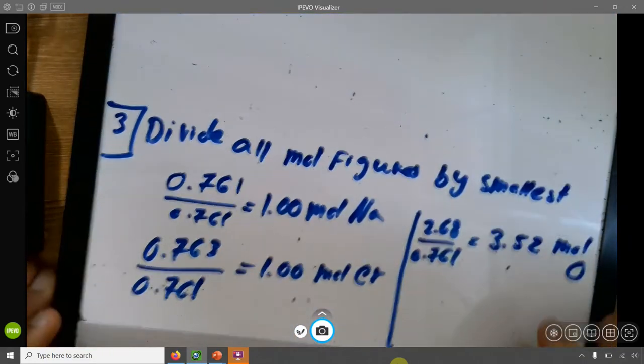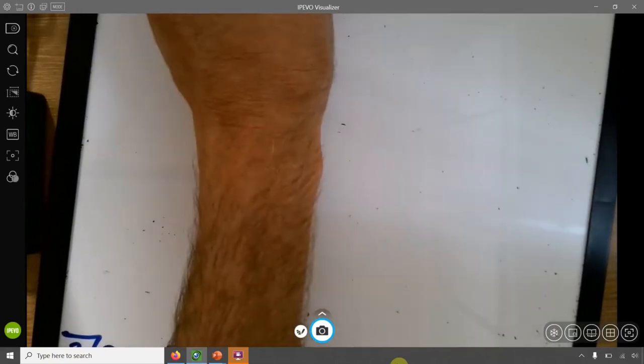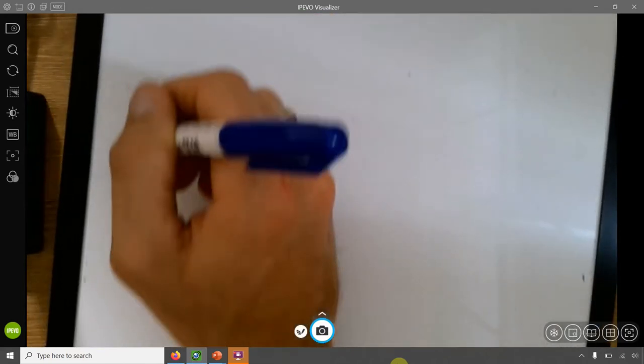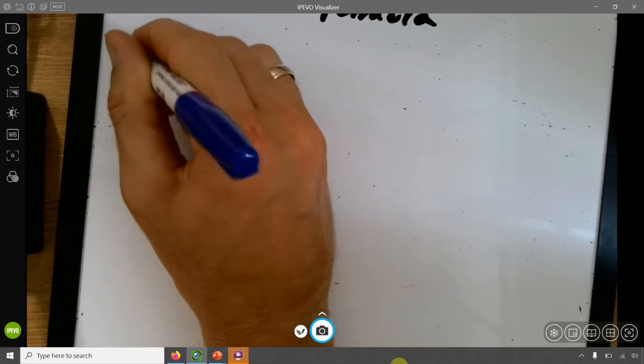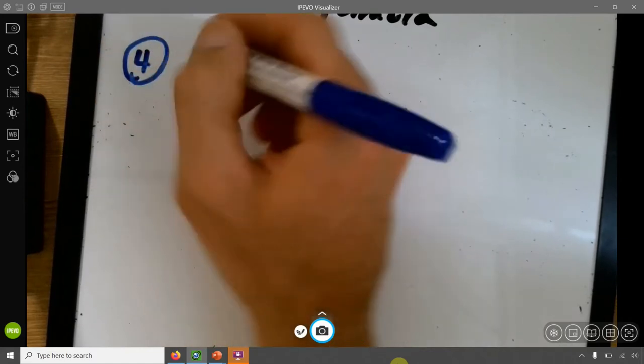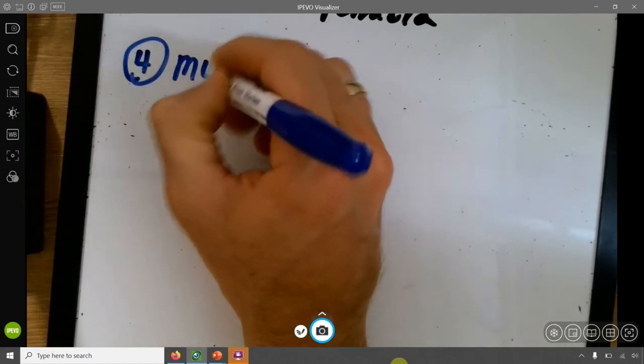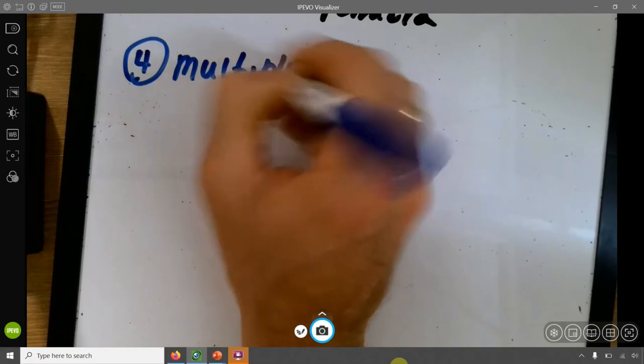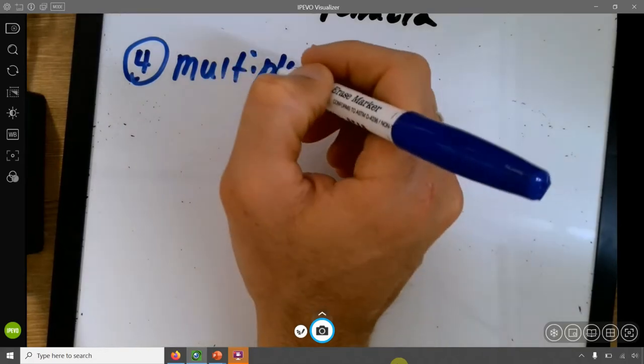Okay. So step 4 in my quest here. Step 4 is you multiply the numbers you just got from step 3.